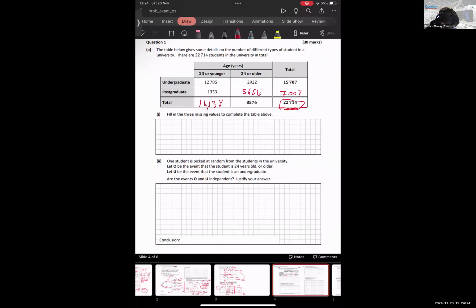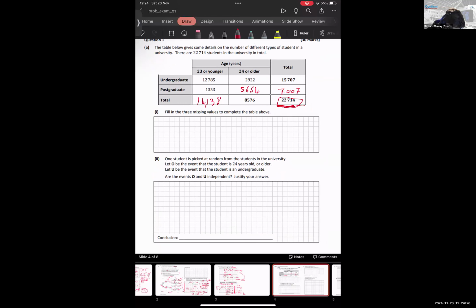So what we're being asked now is one student is picked at random from the students of the university. Let O be the event that the student is 24 years or older, and U be the event that the student is an undergraduate. So we have data here. So we know that the probability that a student is a postgraduate comes from this number plus this number.